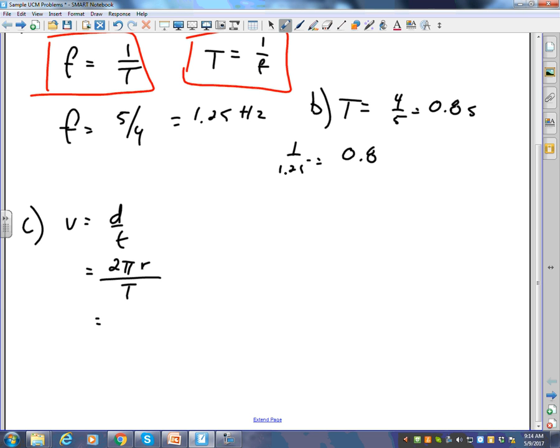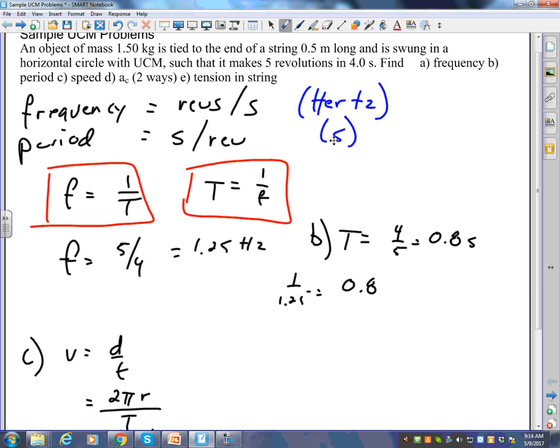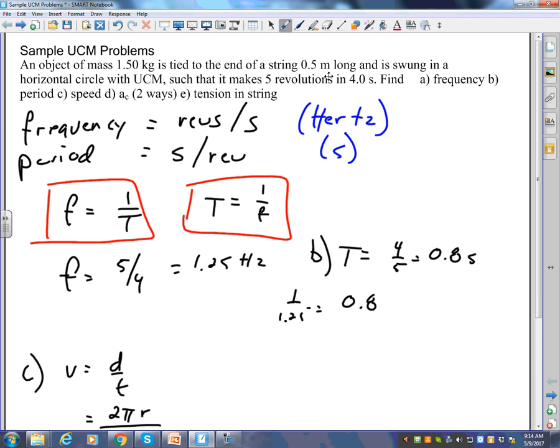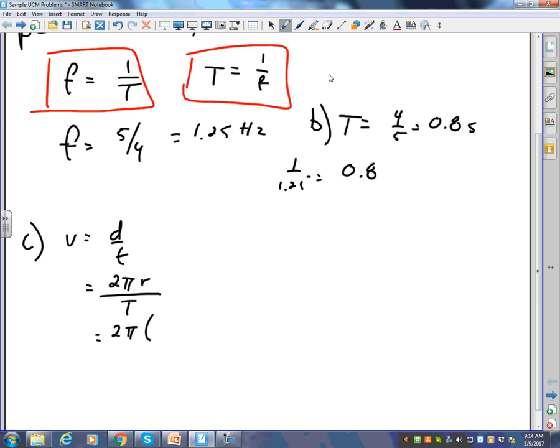So in circular motion, v can be 2 pi r over T. 2 times pi, the string is 0.5 meters long, and our time period is 0.8. 2 times pi times 0.5 divided by 0.8 is 3.93 meters per second.